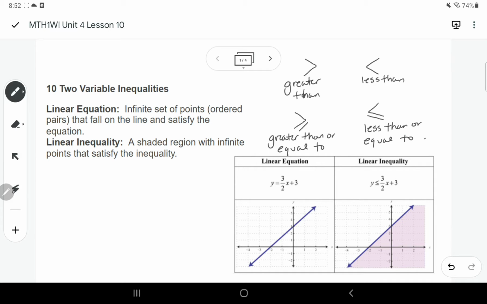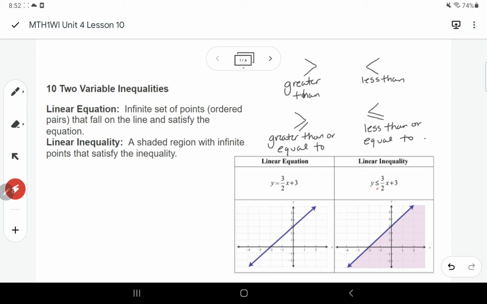So the difference between a linear equation or a linear relationship and a linear inequality is that the linear equation, that's our equation of a line. That finds all of the points that have those x and y values that exactly fit that relationship. The other type, the inequality, would be more like this.